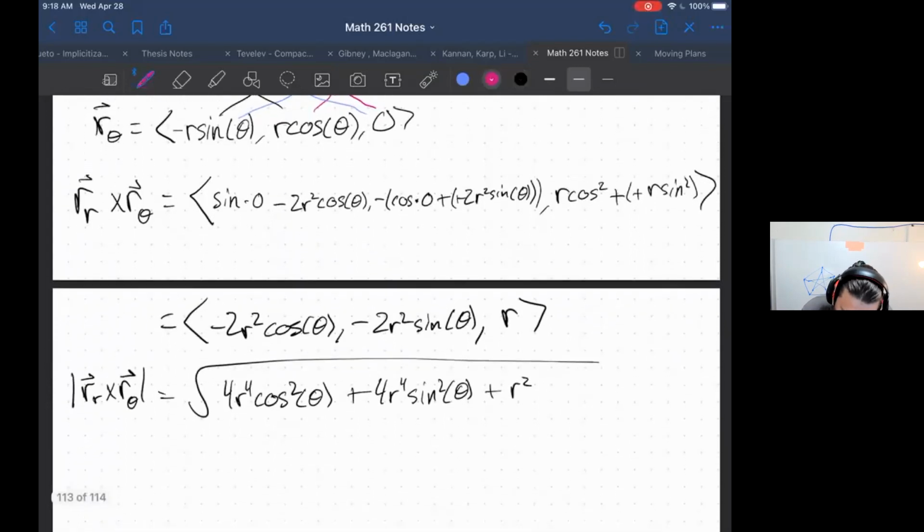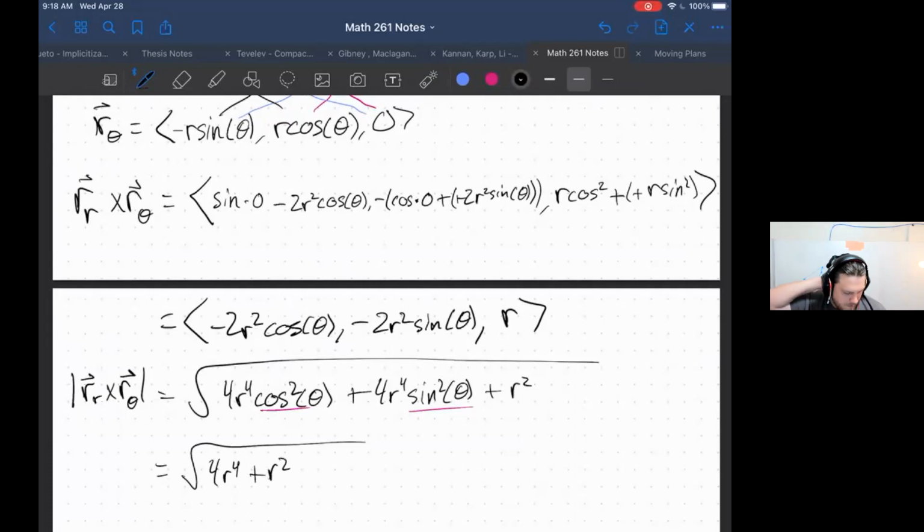Now again, we can factor out and we have the sine squared plus cosine squared. So we get 4r to the 4th plus r squared.